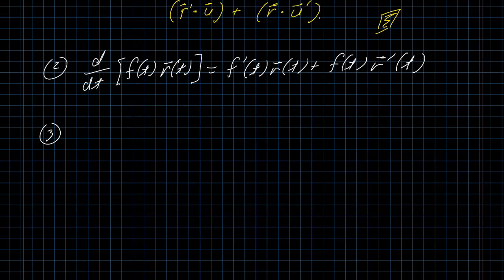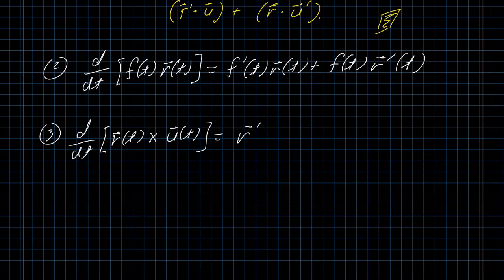And given two vector valued functions, we can also take a cross product, and we can get that the derivative of r of t cross u of t is r prime of t cross u of t plus r of t cross u prime of t.